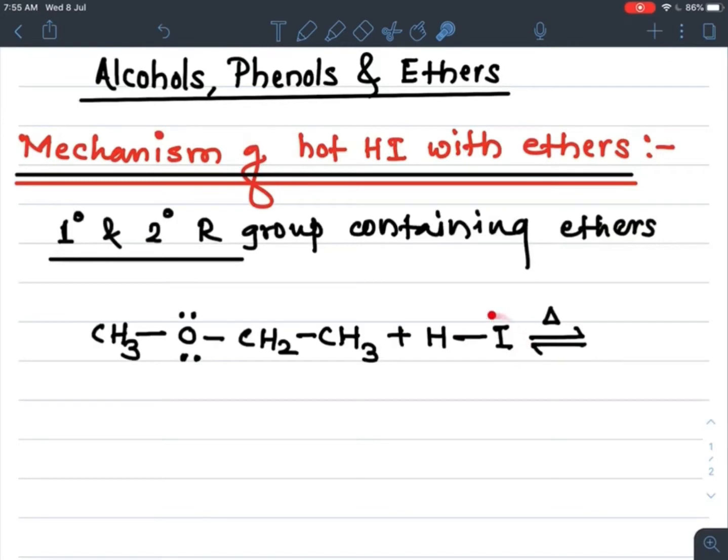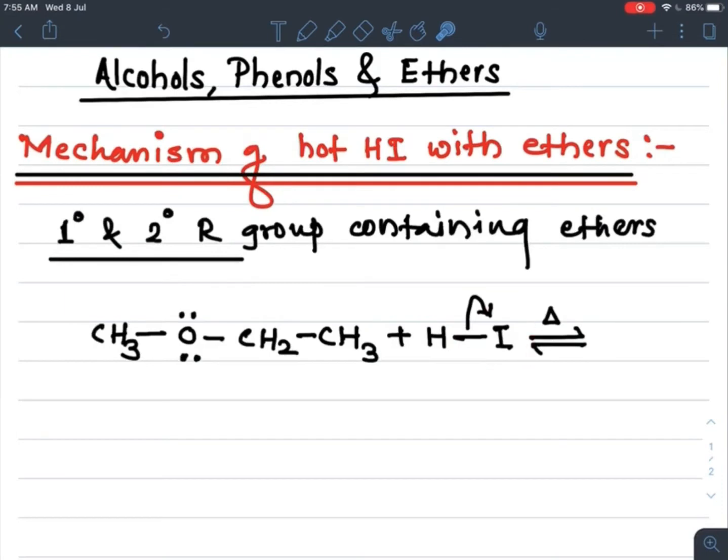The iodine present in HI is highly electronegative, so it attracts the pair of electrons towards itself and the bond breaks heterolytically, forming H plus and I minus.